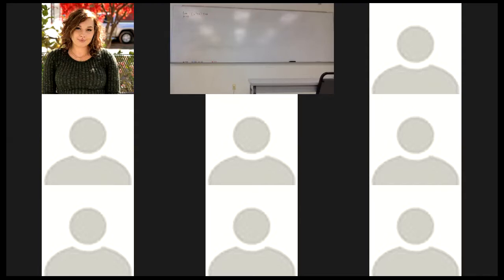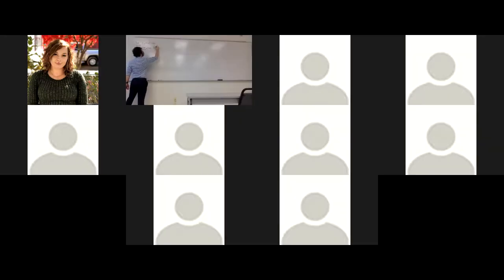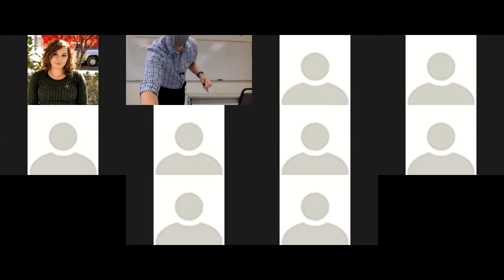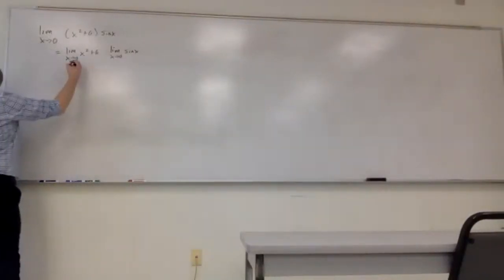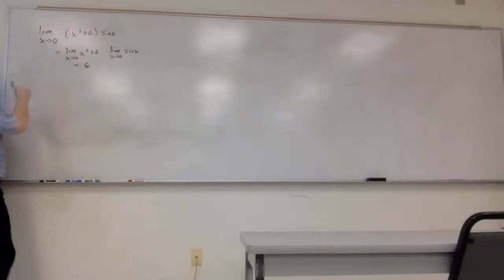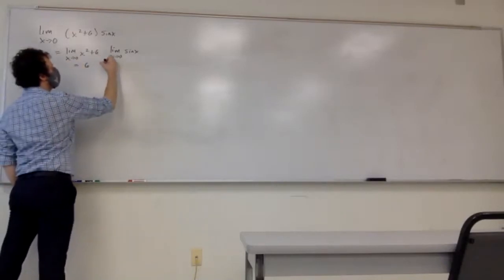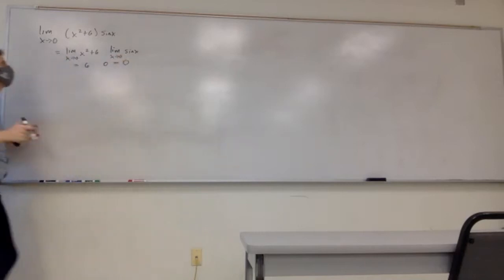We know these limit rules, so we can evaluate these separately: the limit as x goes to 0 of x squared plus 6, and separately the limit as x goes to 0 of sine x. Both of these are limits that we can find by evaluating them. 0 squared is 0, sine of 0 is 0, so this limit gives us 6.